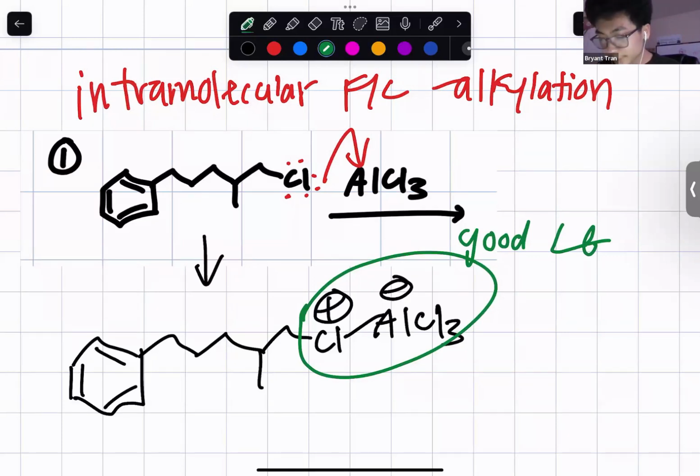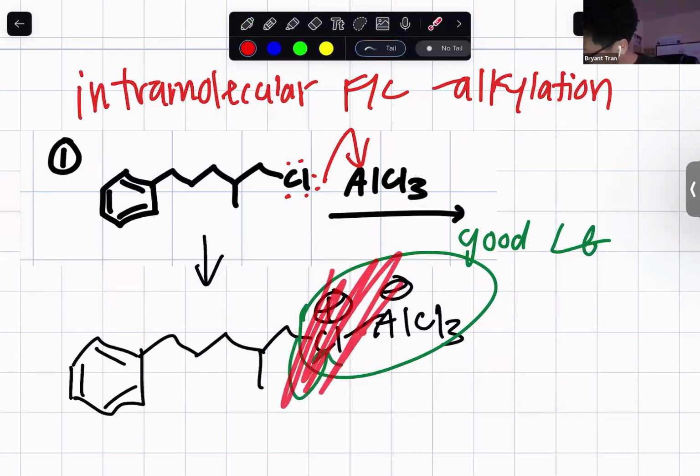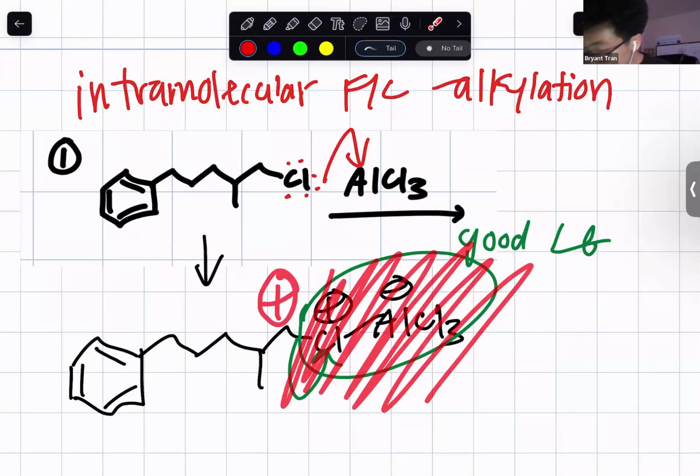Now, usually, for Friedel-Crafts alkylation, we form a carbocation. We cannot kick out that leaving group by itself, because if that leaving group leaves by itself, we're going to form an unstable primary carbocation, right? If that was a secondary carbon or tertiary carbon, that leaving group can just leave by itself to form the stable carbocation. But because this is a primary carbon here, it cannot leave by itself, right?